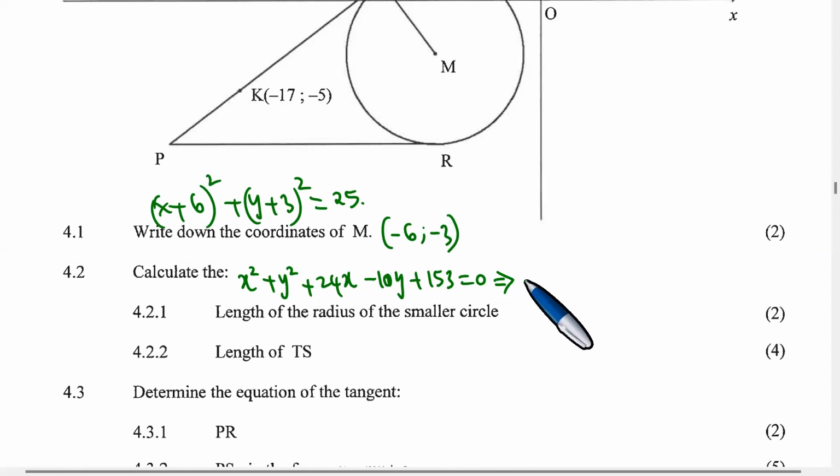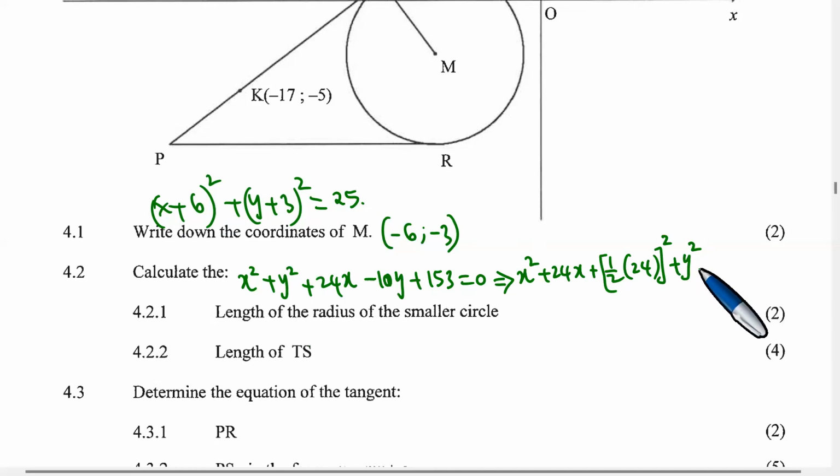So this is exactly x squared plus 24x, then you add half the coefficient of 24 all squared, plus y squared minus 10y plus half the coefficient of minus 10 squared.